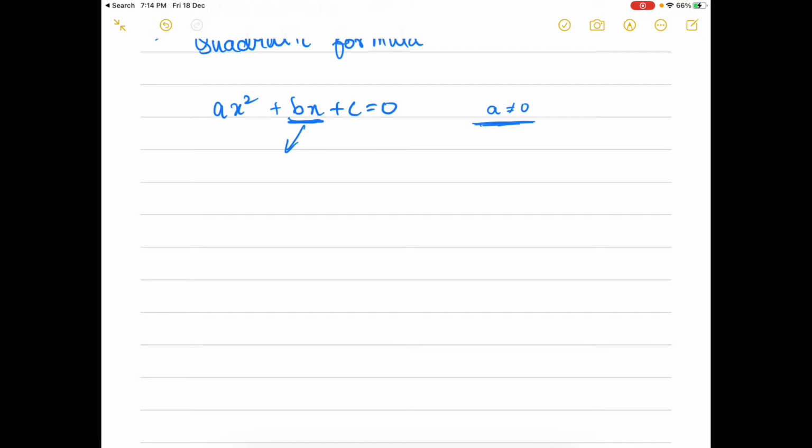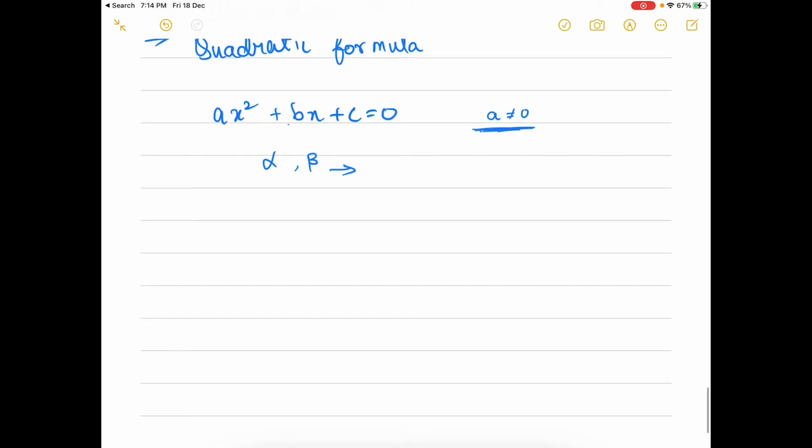When we split it, the sum should be equal to b and the product of them should be equal to c. Let alpha and beta be the two terms which have been split from b.